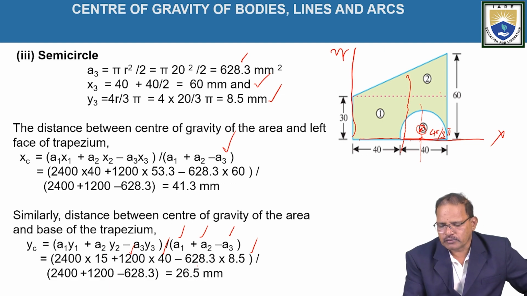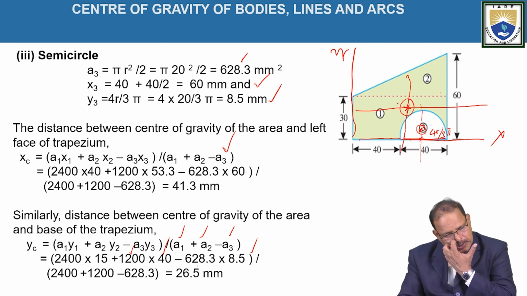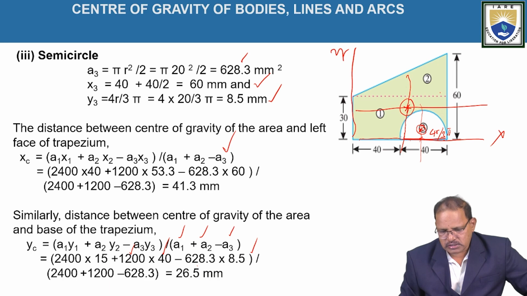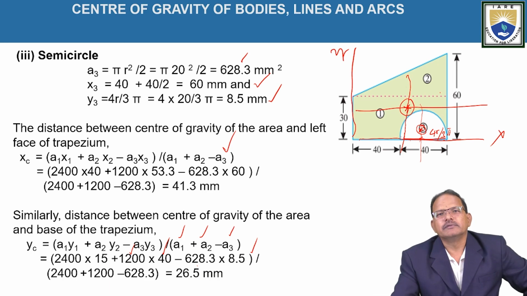That is the location, here it is 26.5. This is the position of the CG of the given composite figure. Okay. This is a summary of the determination of the center of gravity of composite figures.